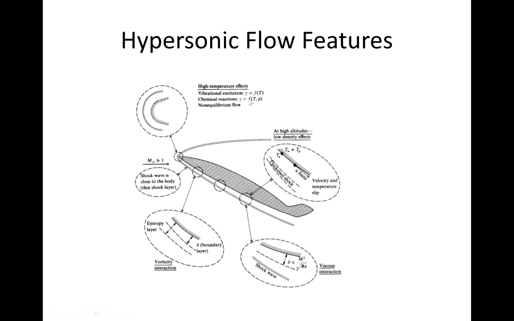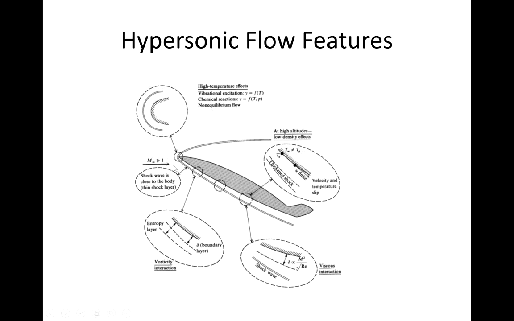If this is happening very, very fast, a fast chemistry, then we can assume that immediately behind the shock wave, all the dissociation, all the changes to gamma have occurred, then we can use that gamma. On the other hand, if the dissociation, ionization is taking place over a period of time, and if the molecules are also being convected, moving about during that period of time, then we have to assume everything is non-equilibrium.